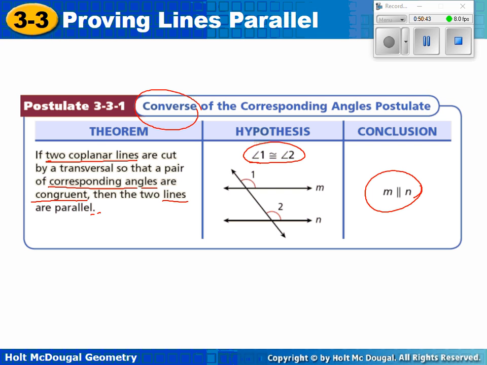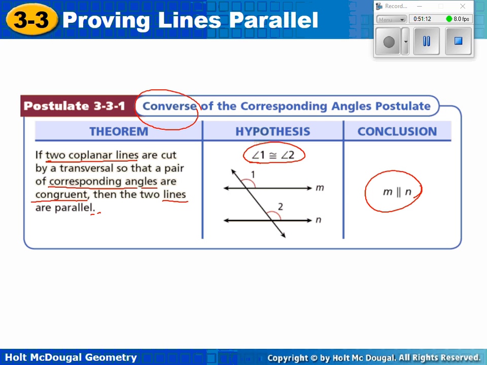If you're looking at alternate exterior angles marked congruent, it'll be the converse of the alternate exterior angle theorem. So when are we using converses? When we're trying to prove lines are parallel. When your statement is about lines being parallel, you're using the converse. If they tell you the lines are parallel, then you're using the original theorem to decide what's true about the angles. Are you with me?